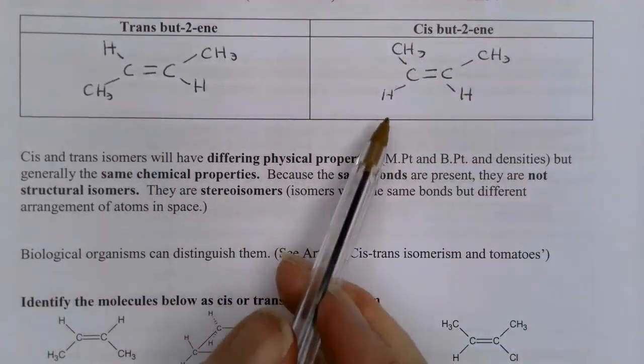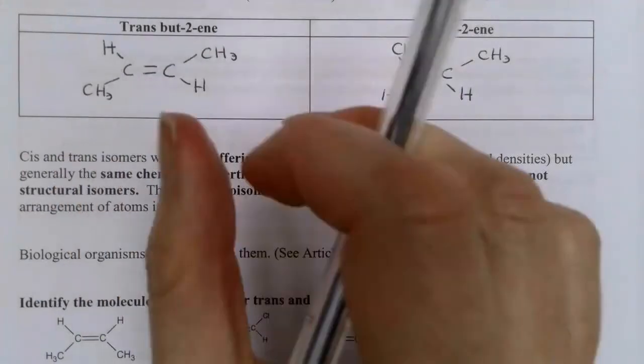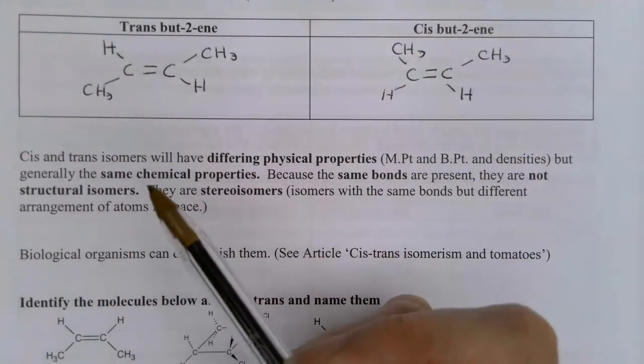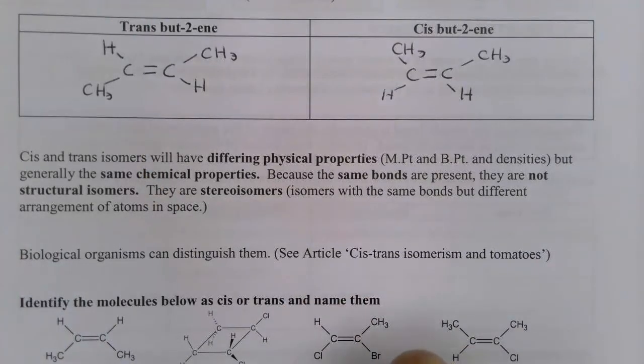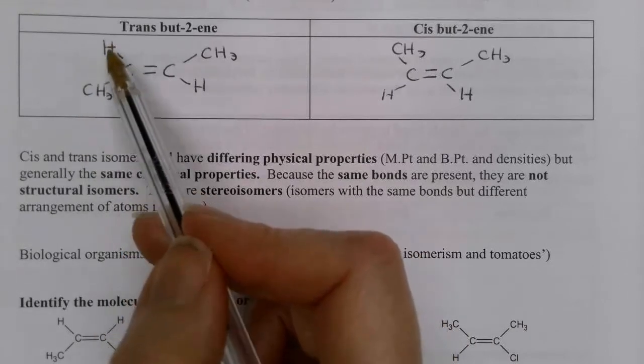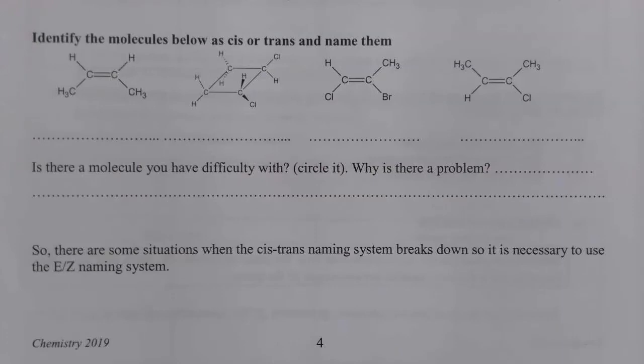Now these molecules can't be interconverted because this end can't be twisted because of the restricted rotation of the double bond. But notice but-1-ene would not show geometric isomerism because that would have 2 hydrogens on the first carbon. So we have these 4 molecules here, and we're looking at whether they are cis or trans.